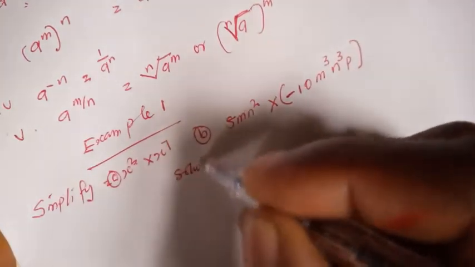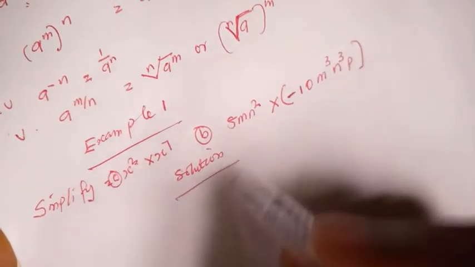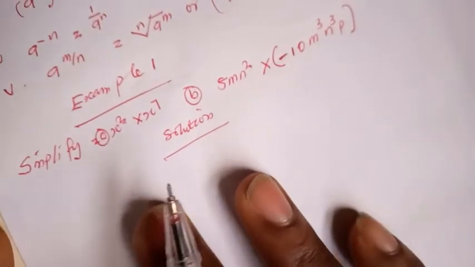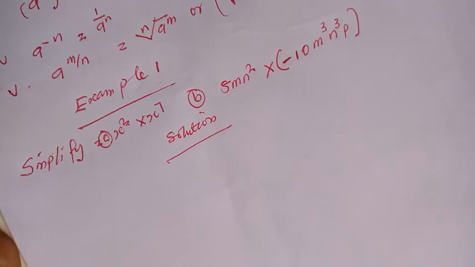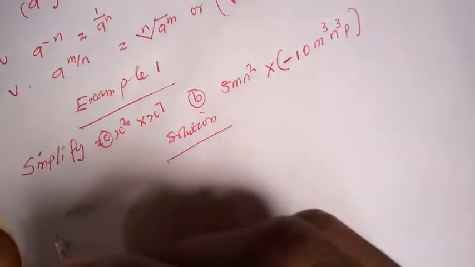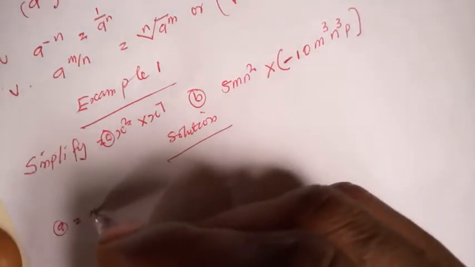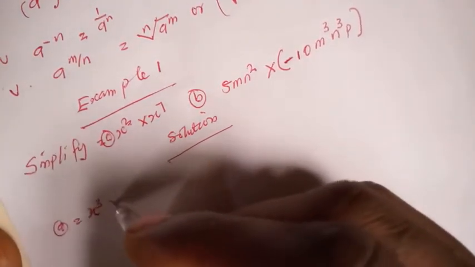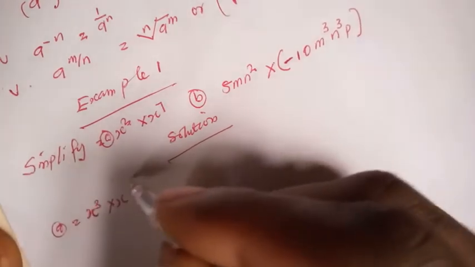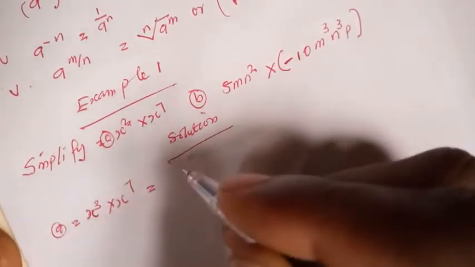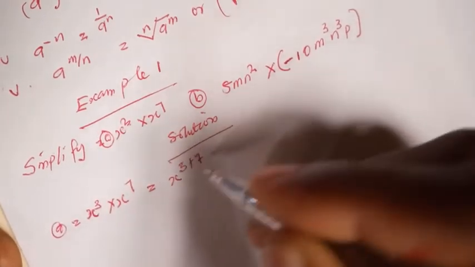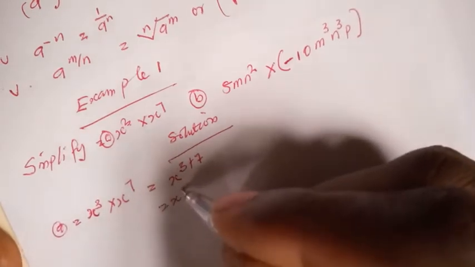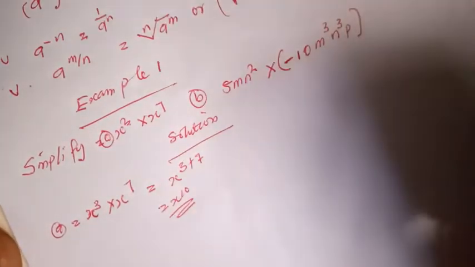So what we are going to do here is, for a, x cubed times x to the power 7 will be equal to, since they have the same base, x to the power 3 plus 7, which is equal to x to the power 10.